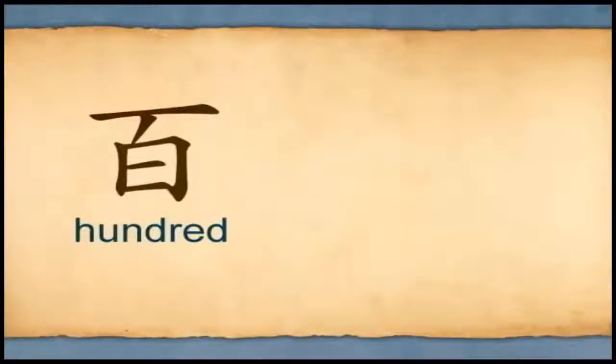If you did your homework, then you should understand how to count to 100. 同学们, did you discover the word for 100? What is it? It's the word 百. I'll say it again. 百. Say it with me. 百. 百 is 100.